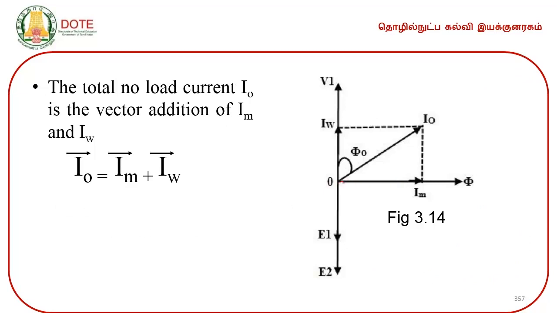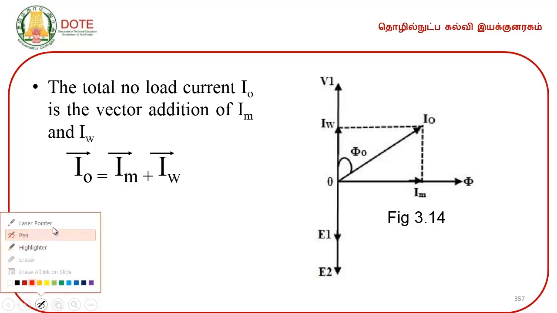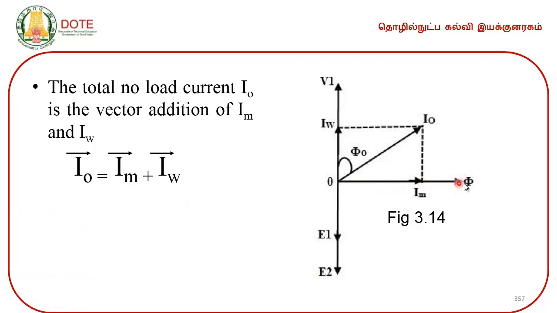So, this is your phi, this is the phi phasor. I m is in phase with phi because I m is formed due to the presence of the magnetic flux.